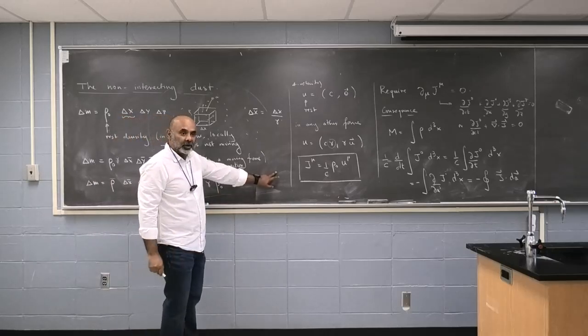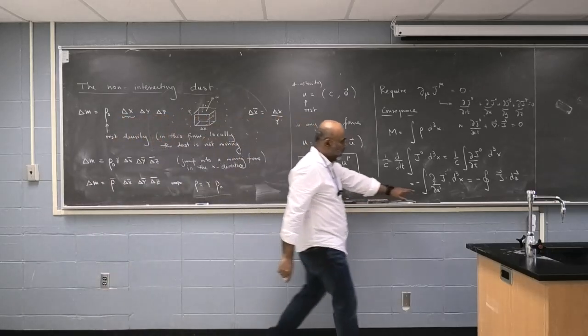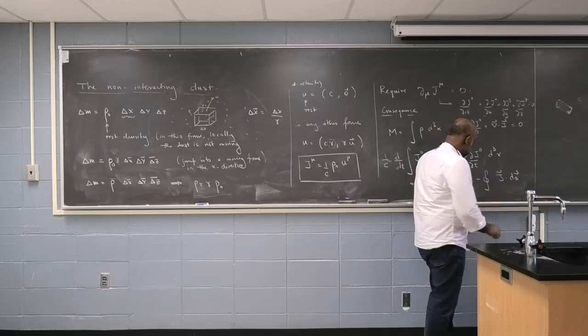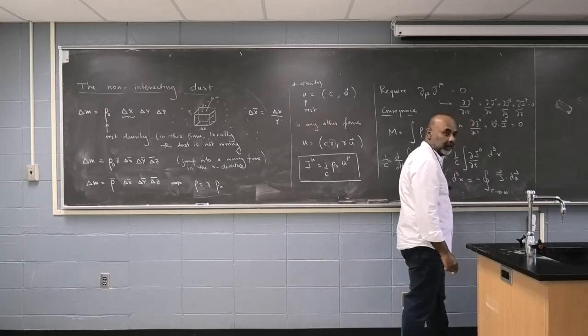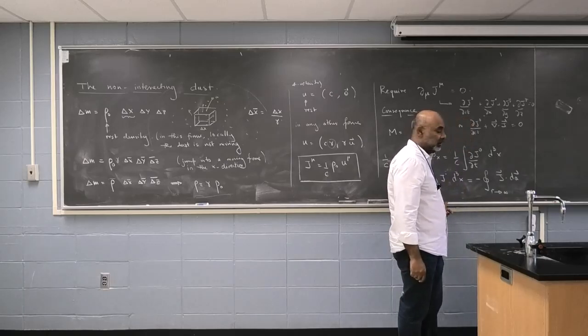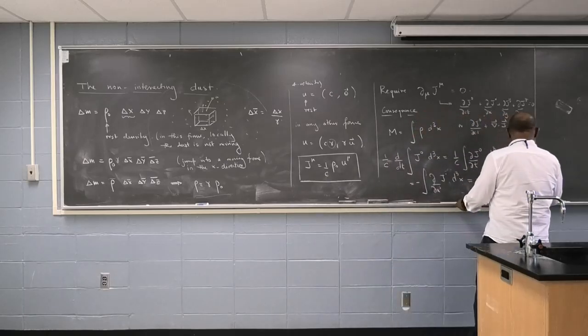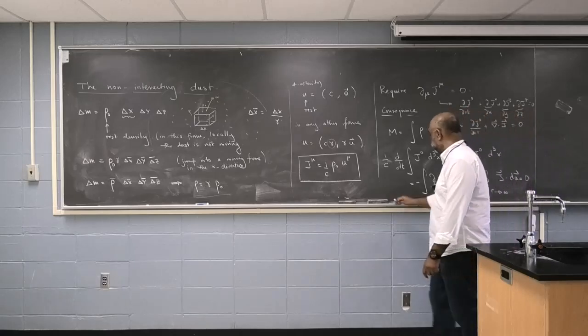When you go far enough away in your integral, is there any mass over here? So this is J dot dA, and if you want, R approaches infinity. You will get this to be equal to 0.